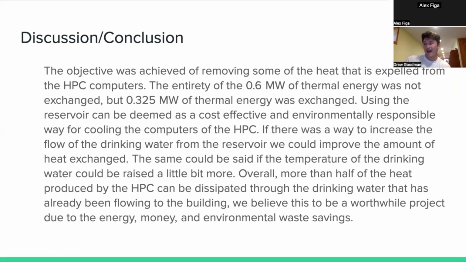Overall, though, more than half of the heat produced by the HPC can be dissipated through the drinking water that has already been flowing to the building. And we believe this to be a worthwhile project due to the energy, money, and environmental waste savings. So that's our report on cooling loop design for Michigan State's HPC Center.